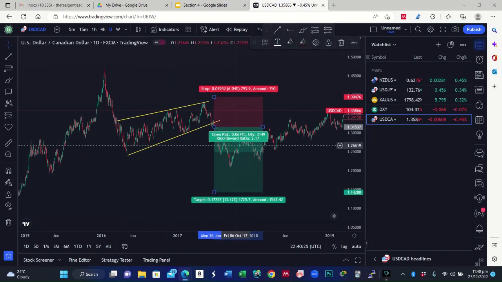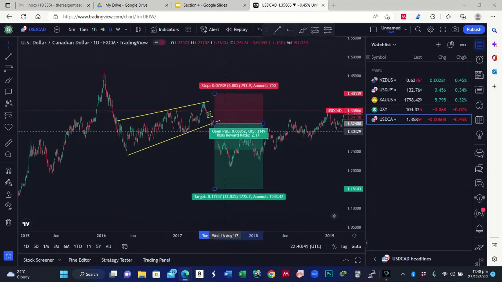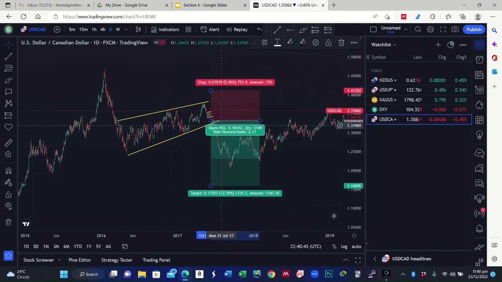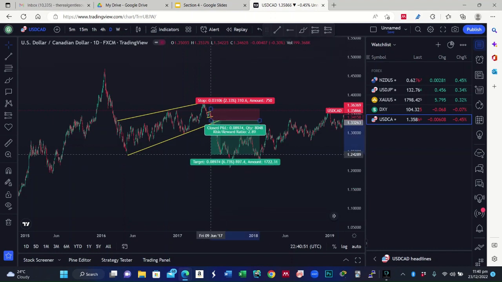So you can also time your entry inside here, since we have another correction inside. So your entry can be inside here and your stop loss will be above here, just above the correction. So that is it.